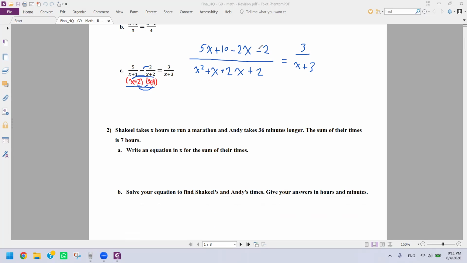Let me simplify the numerator. We have 5x minus 2x, which is 3x. Then plus 10 minus 2 is 8.